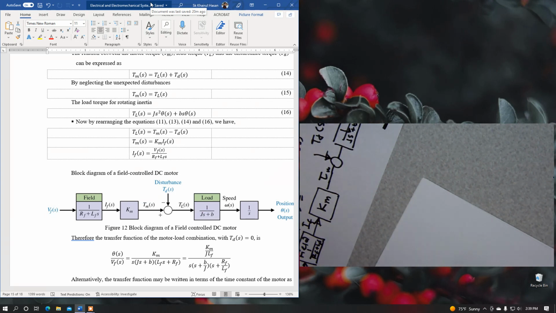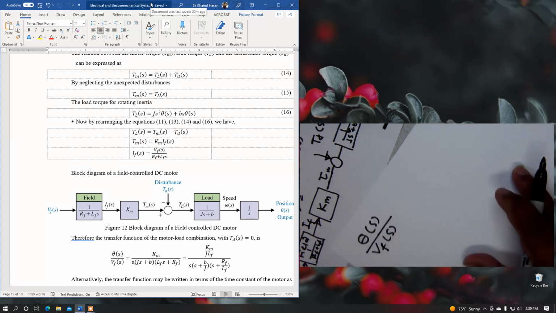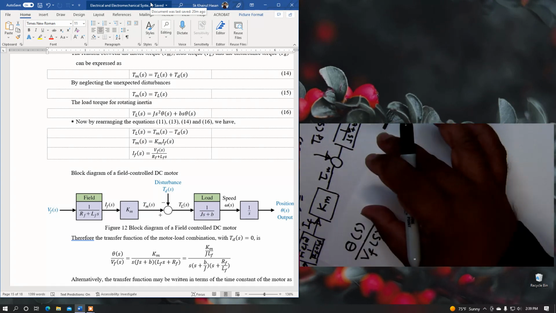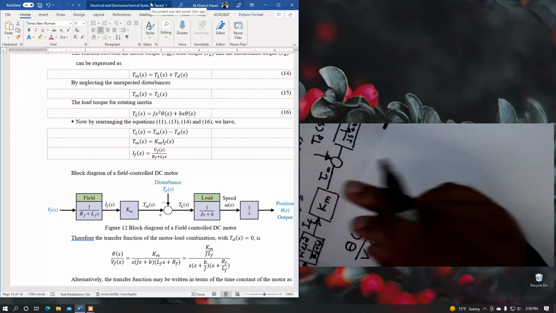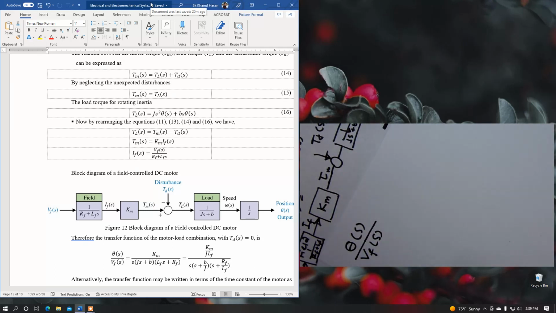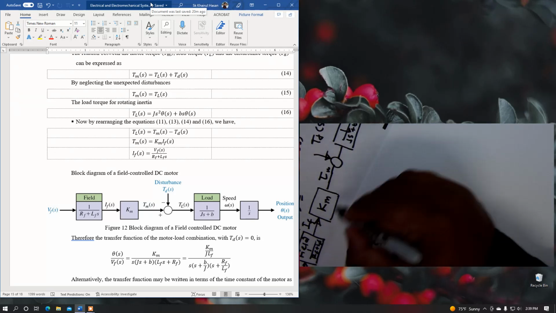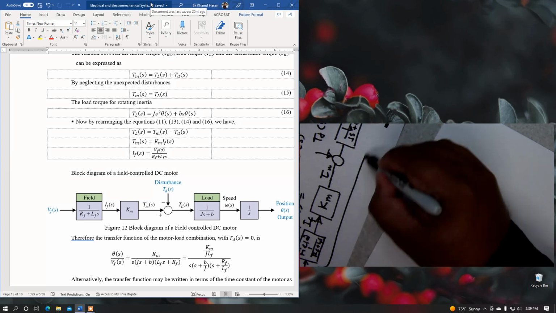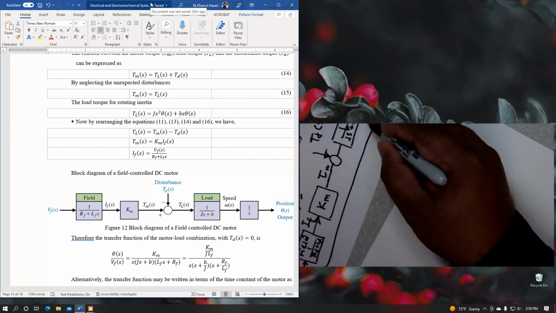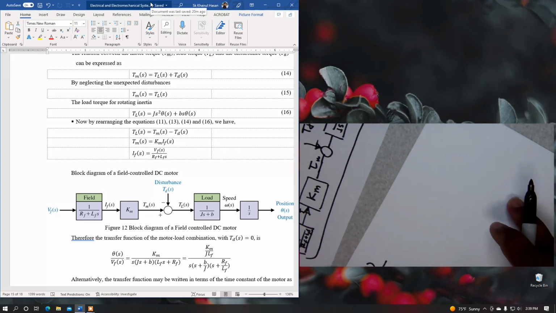We know the individual blocks, but how do we calculate the transfer function between the angular position theta s over Vf? You will multiply all of them together, from the beginning to the end.